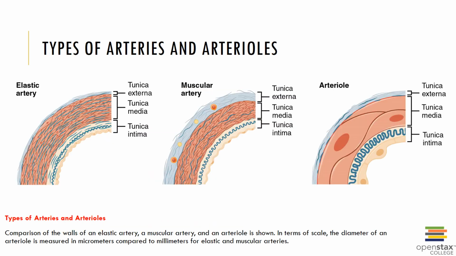If we look at some specific types of arteries and arterioles, we can examine some of the differences between them. Elastic arteries are also known as conducting vessels. They are found near the heart because they can withstand the highest blood pressures, as in the aorta and its branches.